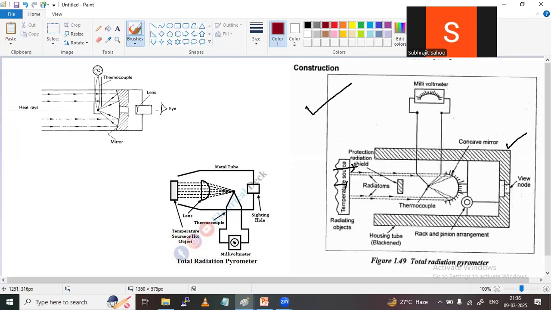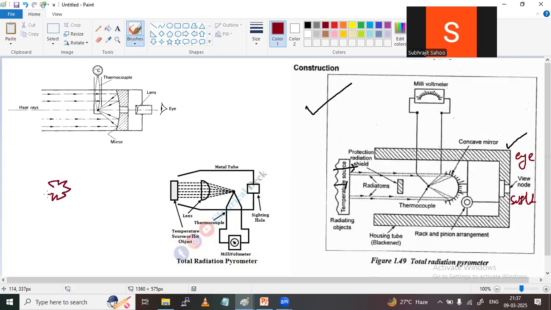And here, for viewing inside, some hole is there. We can call it the eyesight. And this one is the rack and pinion arrangement, I hope you know, like this.